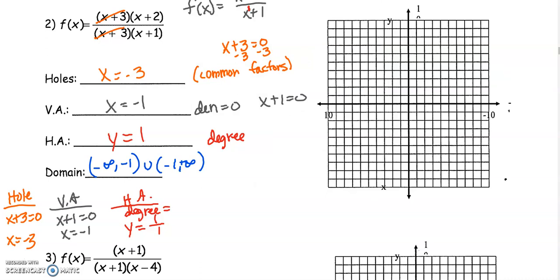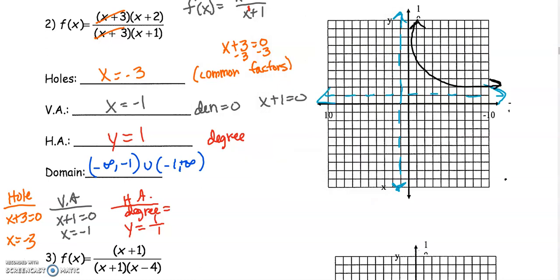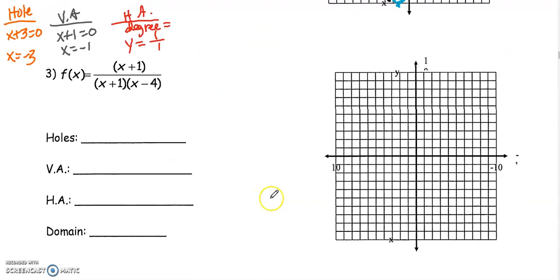So vertical is going to go through -1. Horizontal is going to go through y equals 1. And then our graph. So go ahead and try number 3 on your own, and then push play to check when you're ready.